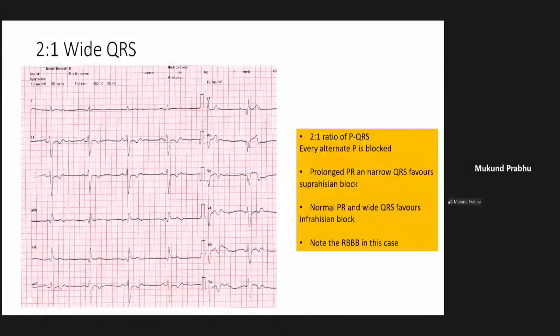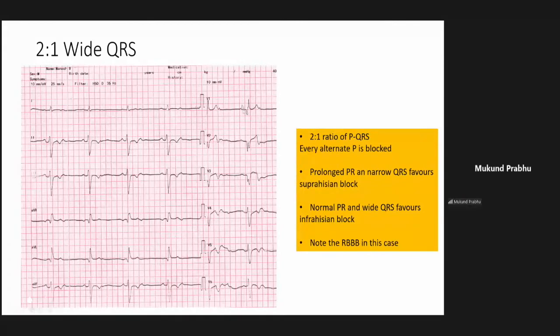A distinct entity here is 2:1 AV block. In this case, it is a wide QRS, but it also can be narrow QRS. This cannot be classified as Mobitz type 1 or type 2 just because you can't demonstrate a progressive lengthening of the PR interval. Every alternate P is blocked. But it is indeed possible to classify it as proximal versus distal, rather suprahisian versus infrahisian.